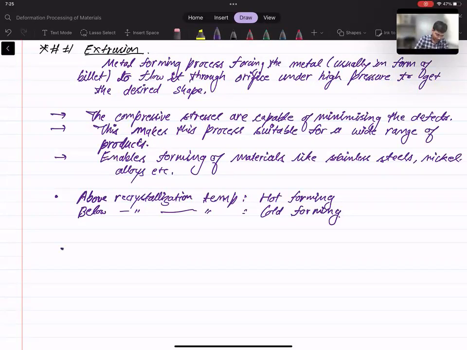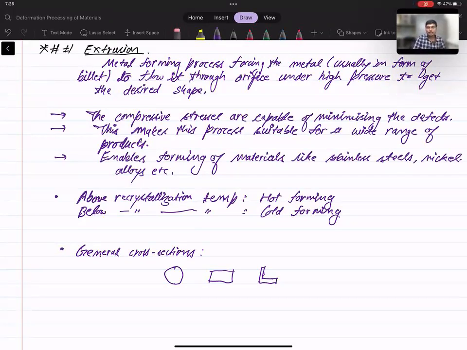So general cross sections will be like circular ones, rectangular or square ones, or some shapes like this.